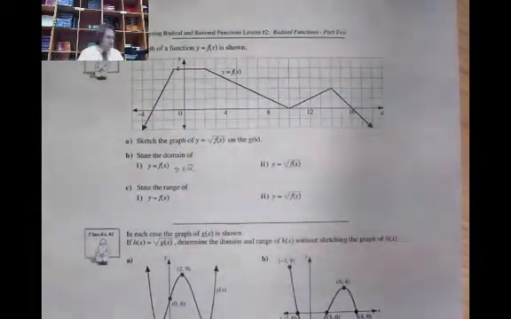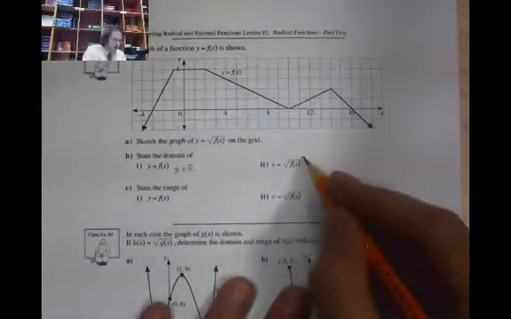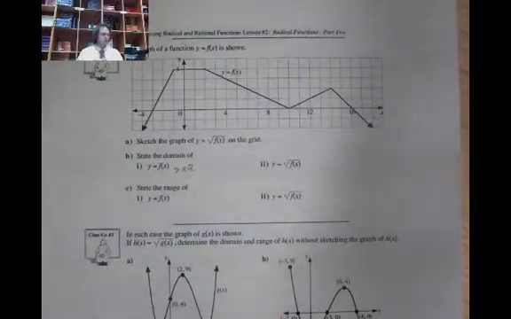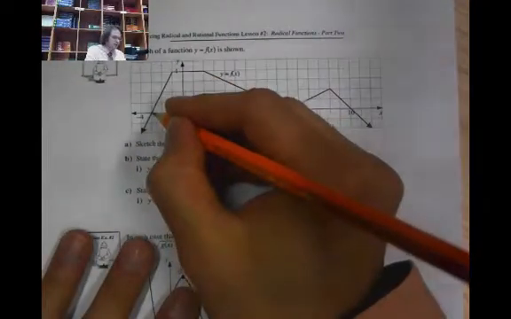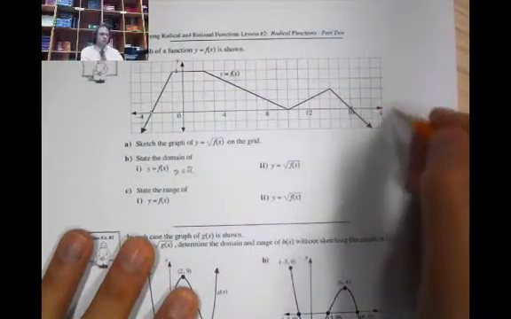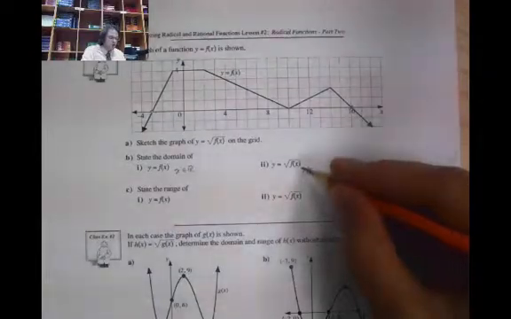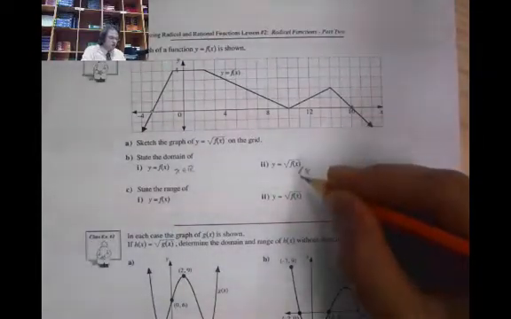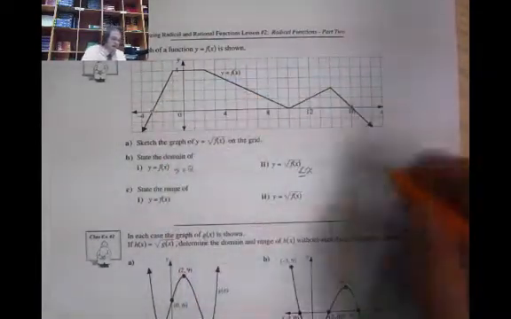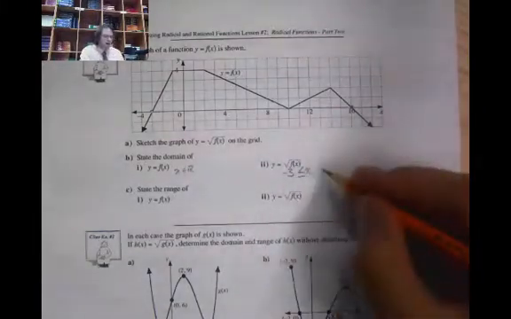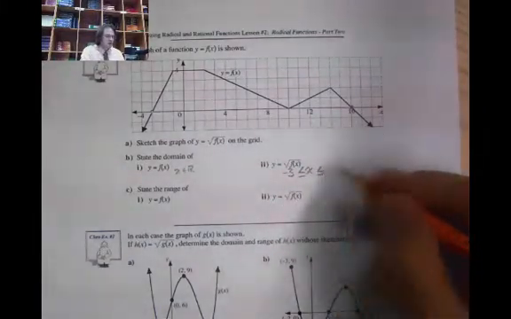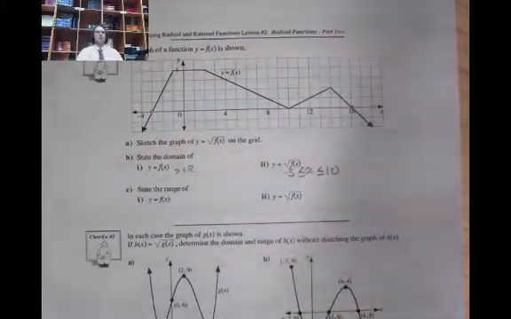Now, we want to state the domain of the square root. Well, right here, it's going to go like this all the way to here, because in between here, there are no answers. So we're going to have x must be greater than or equal to, this looks like negative 3, and it must be less than or equal to 10. All right?